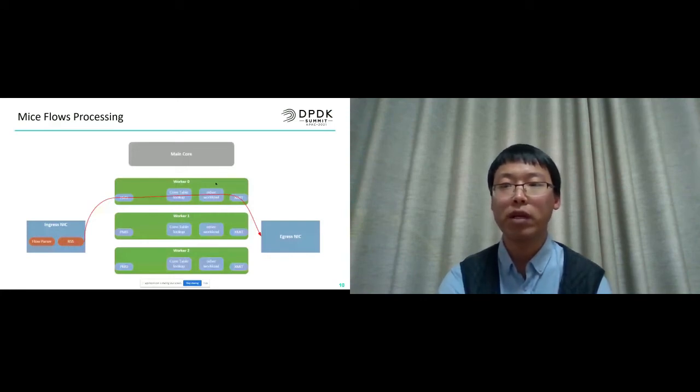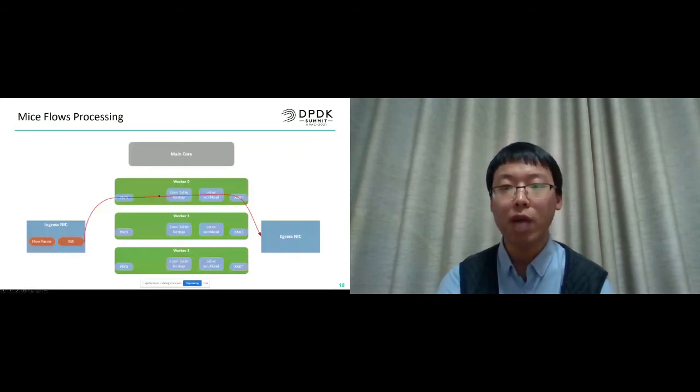Each worker core is bound to a queue. When a flow comes from the network, the NIC will steer it to one of the queues by RSS, and the worker will receive the packet through the PMD. In this figure, worker core 0 got it and starts processing.